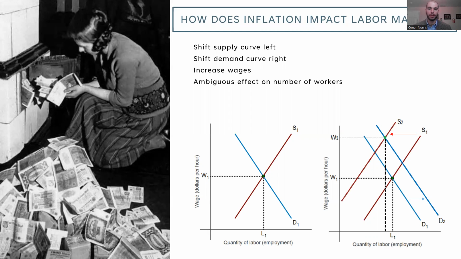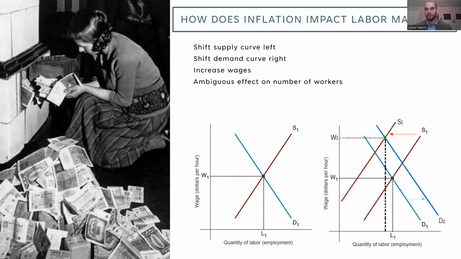Now, how far the supply and demand curves shift is going to depend on the change in consumer prices and the change in producer prices. So the demand curve is going to be dependent on producer prices, how much it's going to cost producers to actually pay for the materials they need to make those goods. Now they can be the same or they can differ.